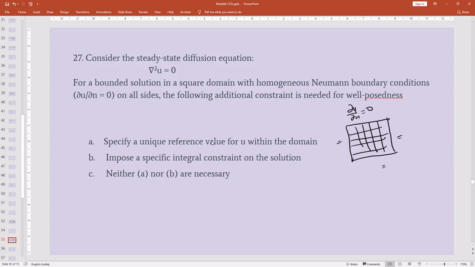Is it a unique reference value of u, or a specific integral constraint, say the integral of u over dx dy in that area equals some value? In radiation and many other places we impose integral constraints on the solution. Is that what we need here, or a unique reference value, or can we not solve it with either of these?